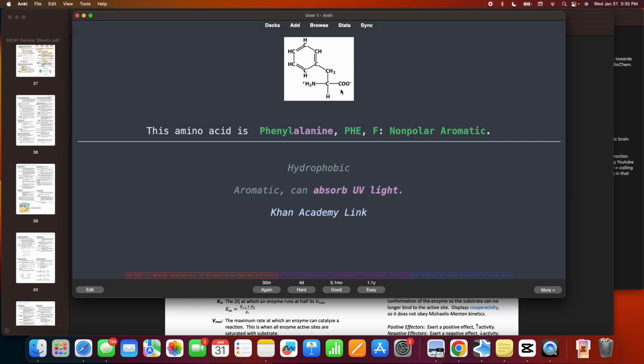I think that's about it. So, aromatic, non-polar, and hydrophobic also as its characteristics. And aromatic molecules can absorb UV light.